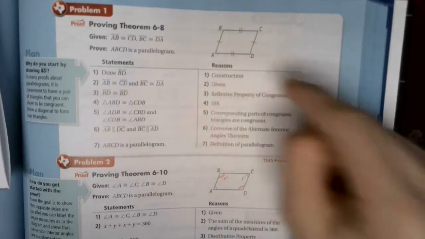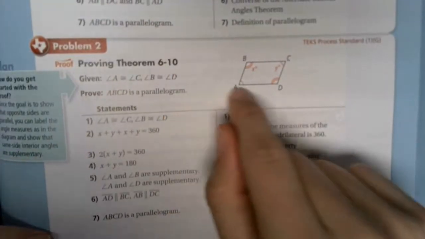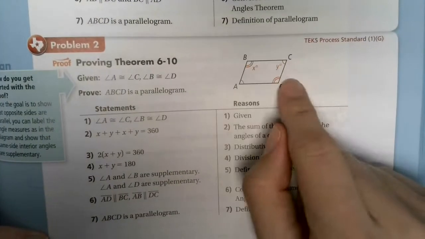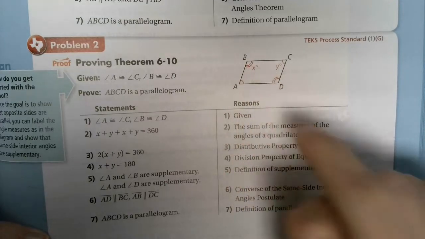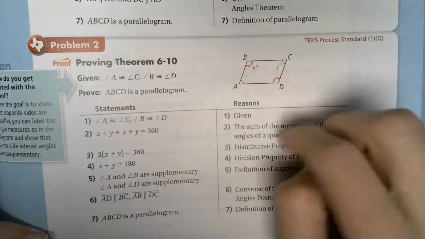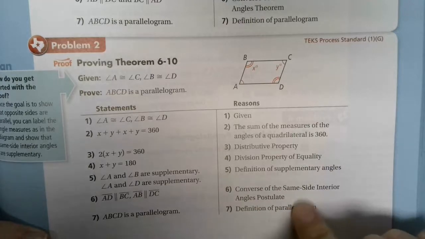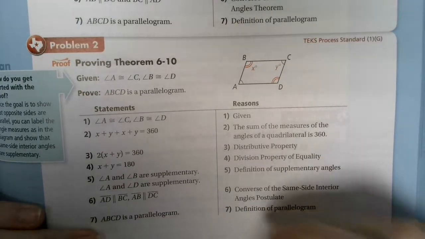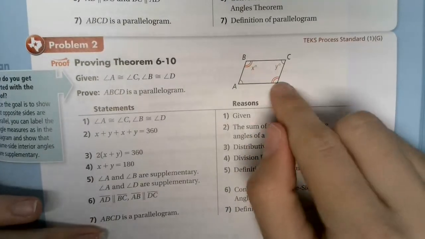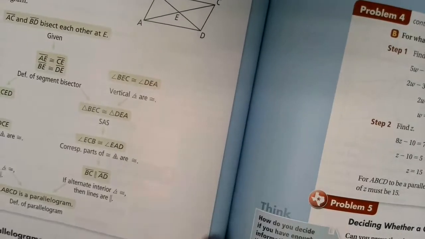It's both pairs of opposite sides, okay? For this one, same thing. We have both pairs of opposite angles congruent. So because of that, and proving it with a lot of other different things, I can say that this is a parallelogram because opposite angles are congruent. So all of those parts play a part in this.